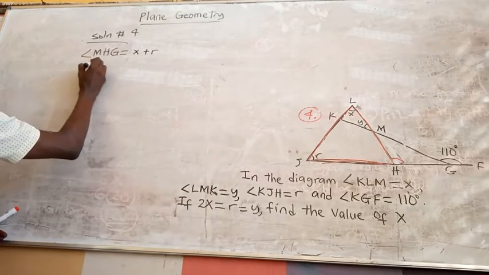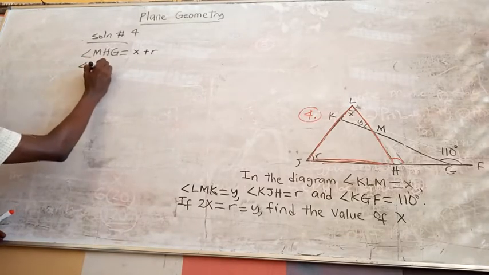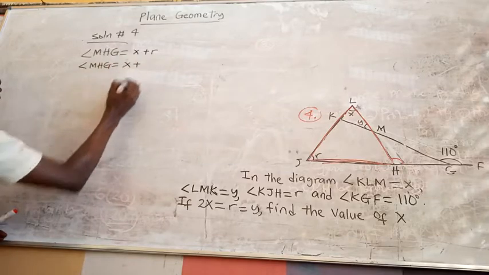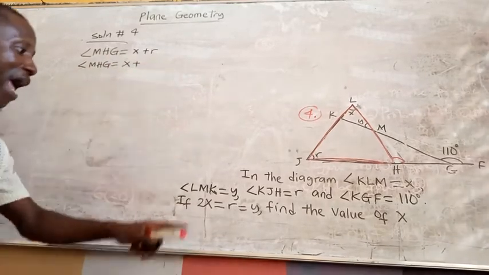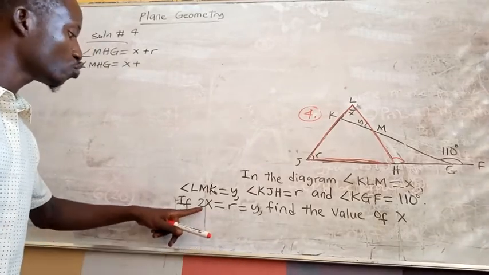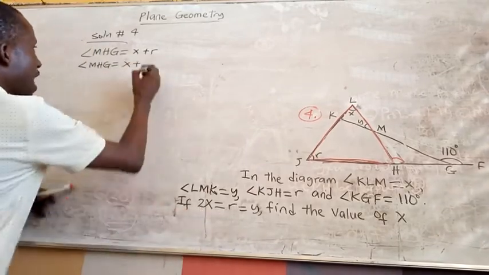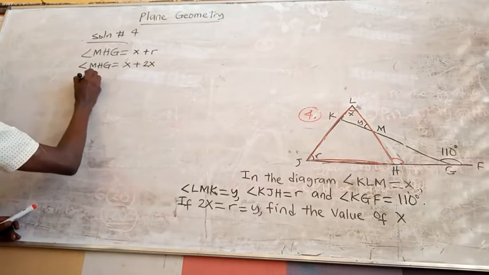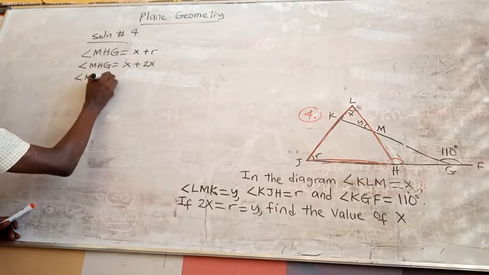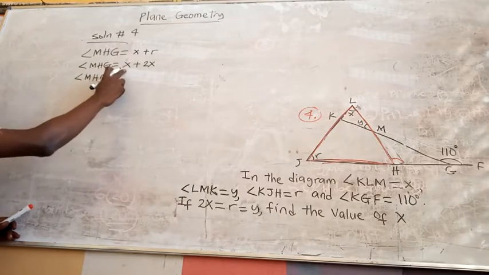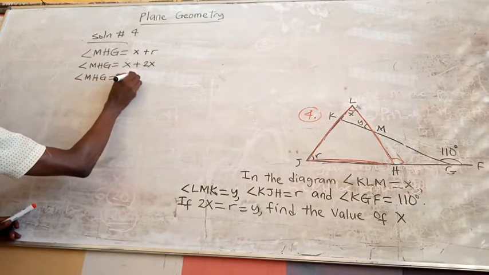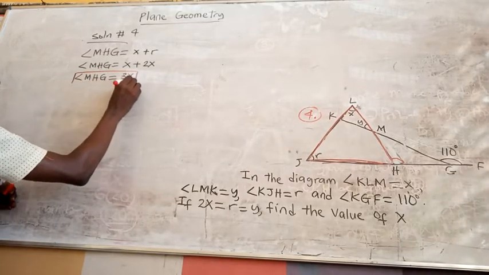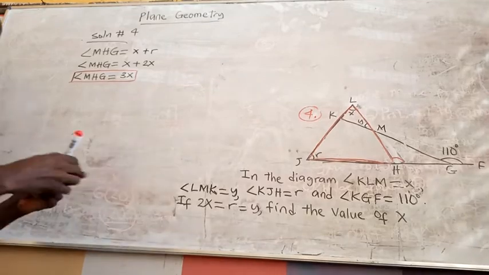We are told that r is equal to 2x, so we replace r by 2x. Angle MHG is equal to x plus 2x, which gives us 3x.